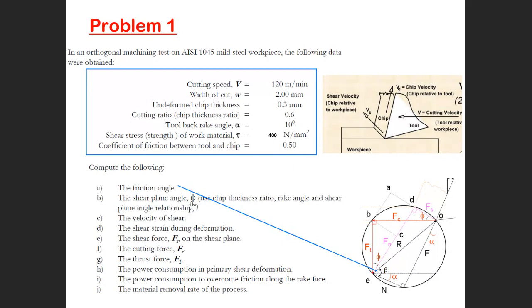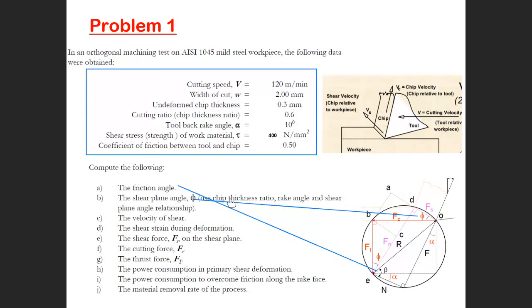Second question, what is the shear plane angle phi? To obtain phi, there are actually many ways. Alpha is known and we know beta, so we can use alpha and beta to obtain phi.